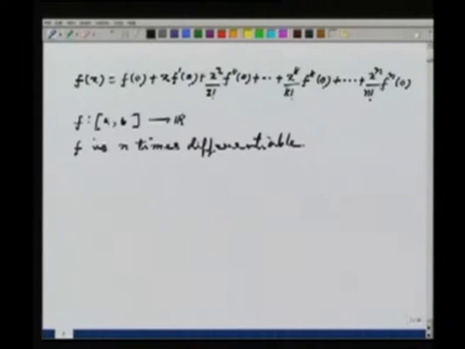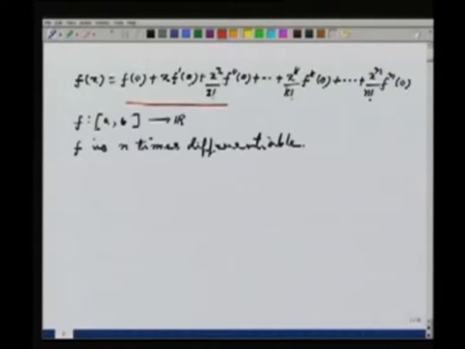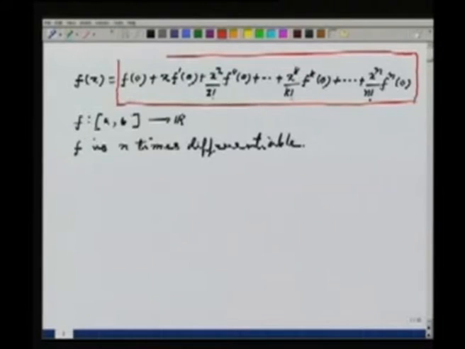And then I want to see whether f can be written as an expression like the above which I have written here. So I am looking for a generalization of this for an arbitrary function f, which has as many derivatives as I want.